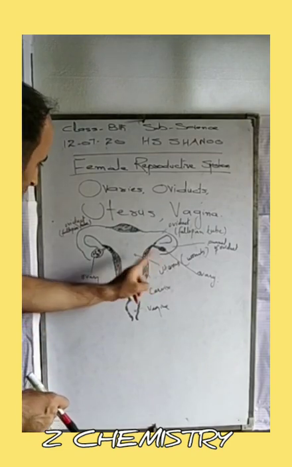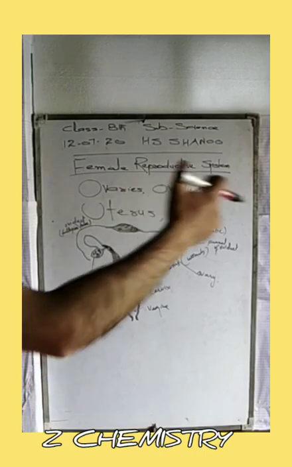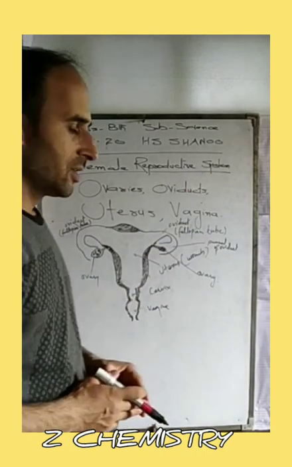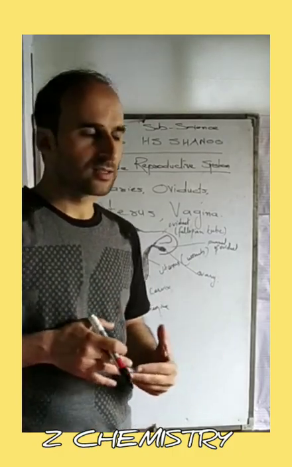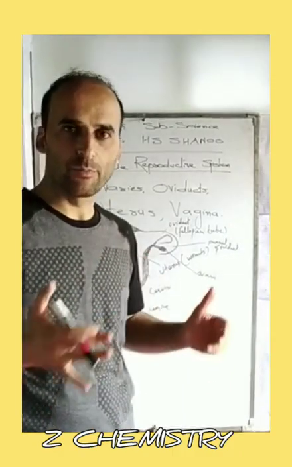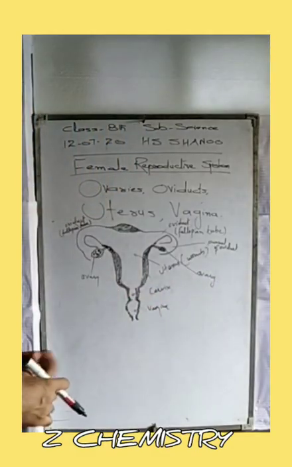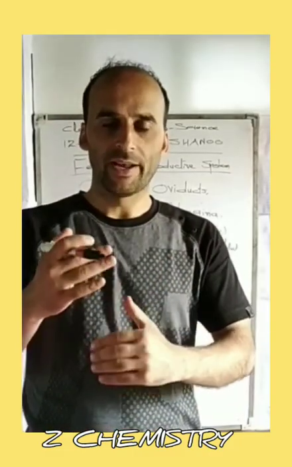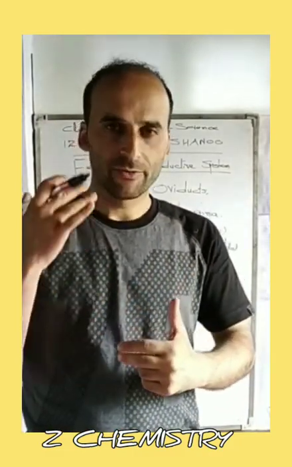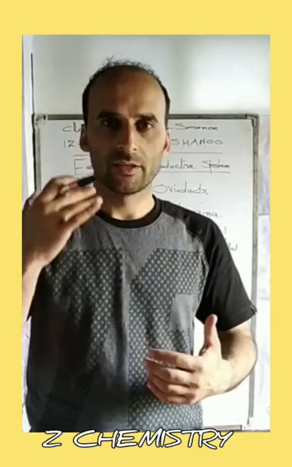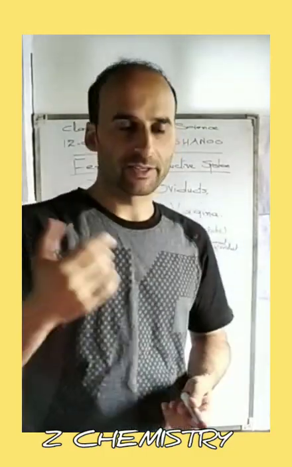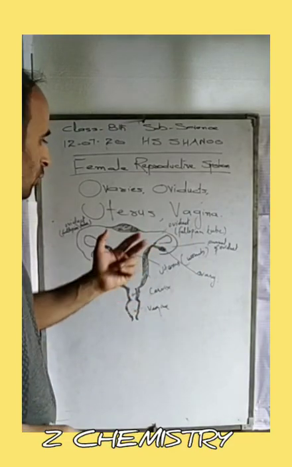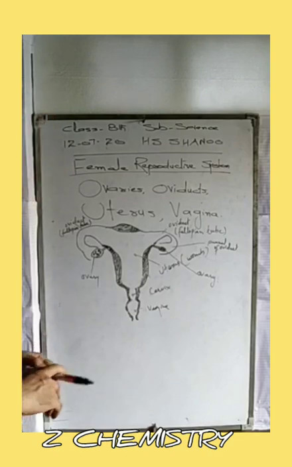This is the ovary. These are the pair of ovaries, one on the right-hand side and another on the left-hand side. These ovaries are the source of the eggs. When the female reaches maturity, in the teenage or adolescent age, these ovaries start producing eggs.